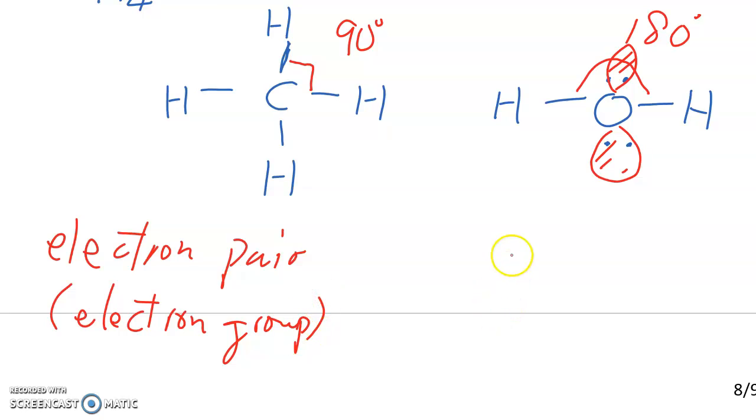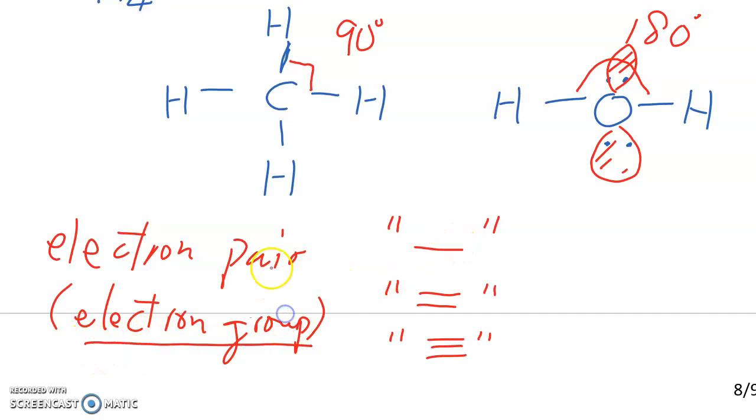Okay, so a single bond is a pair. A double bond is a pair. A triple bond is a pair. Here's just 1 pair, 1 electron pair, 2 electron pairs. To reduce the confusion, let's use electron group instead of pair, because somebody may think pair means 2.